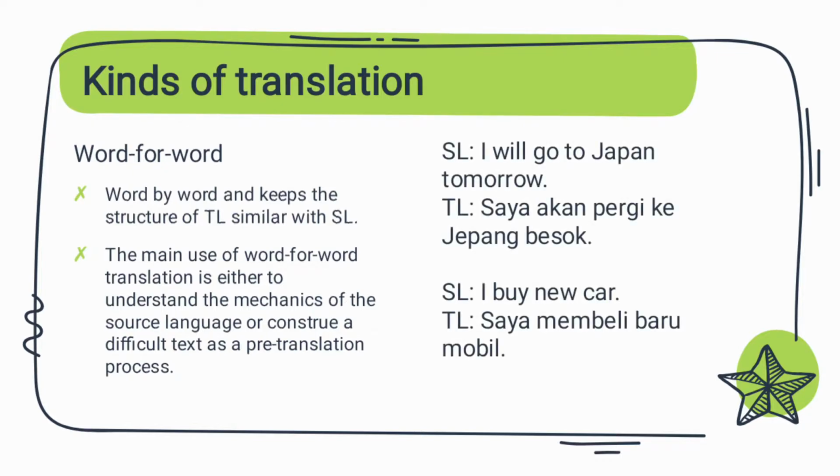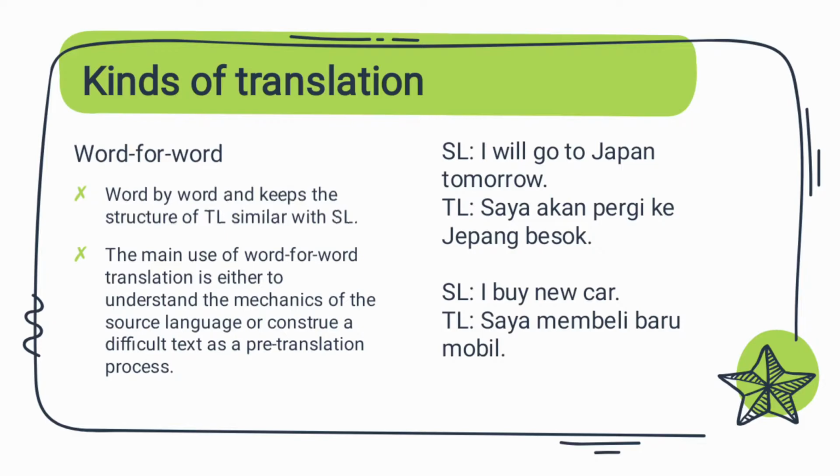And the examples are, the first example, the source language is I will go to Japan tomorrow. So, if we translate into the target language, which is in bahasa, saya akan pergi ke Jepang besok. Remember, word by word. And the second is, I buy a new car.